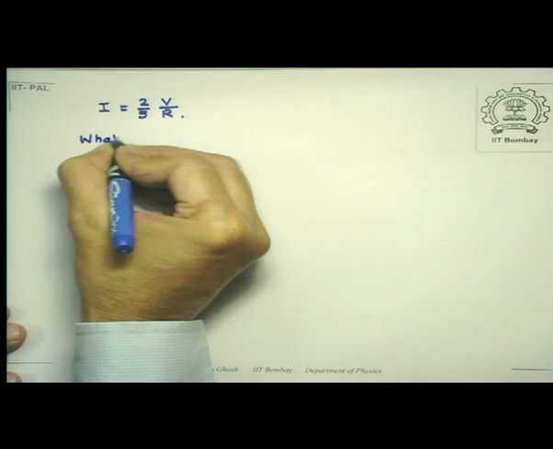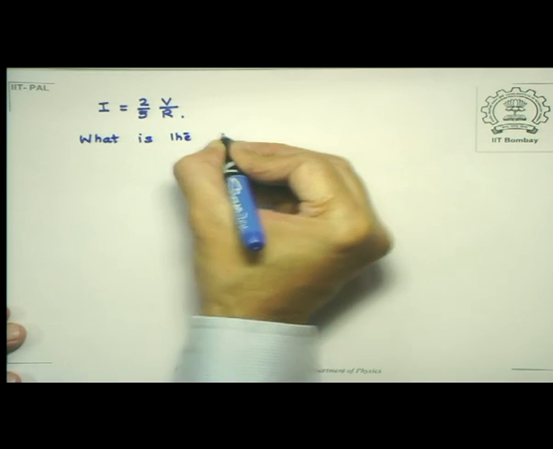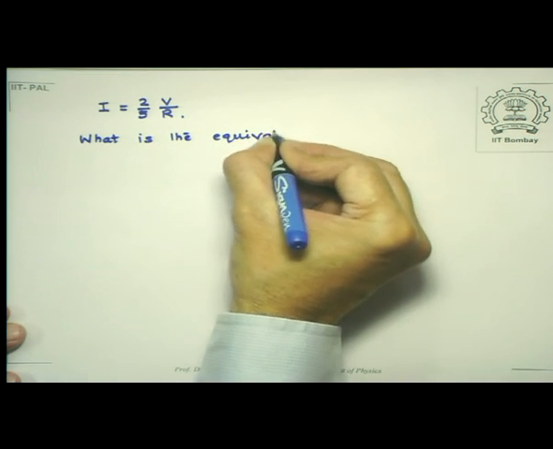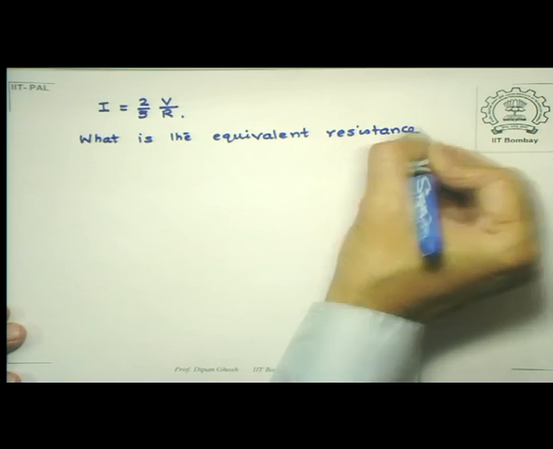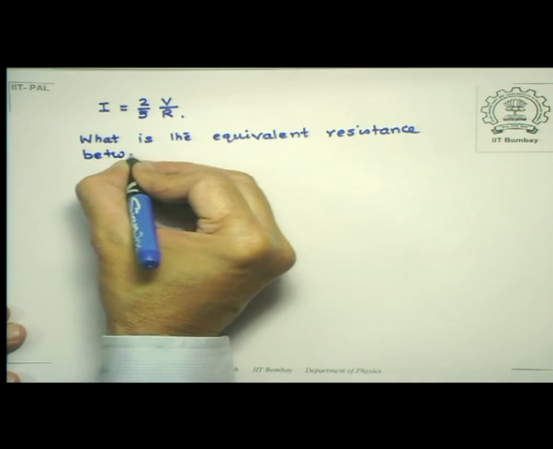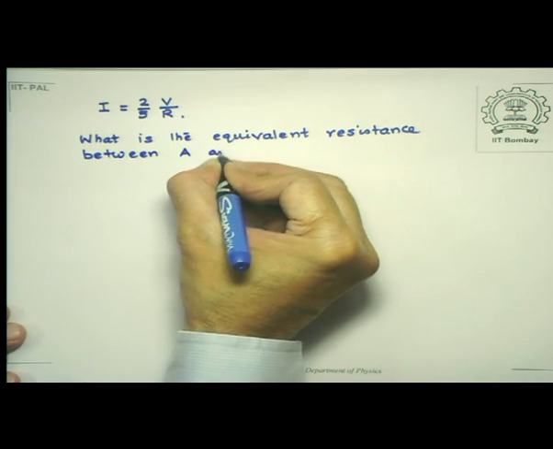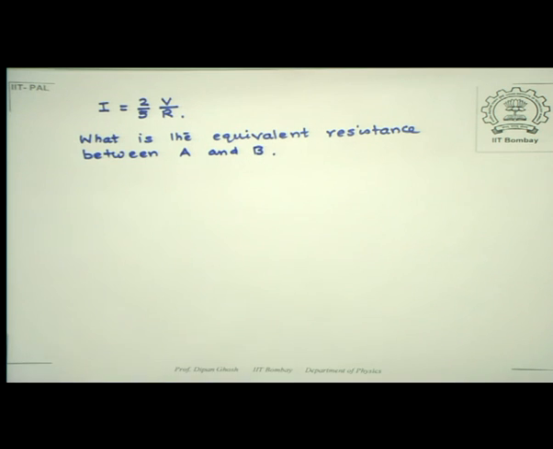Now, supposing my question was, what is the equivalent resistance between the points A and D? Now, this can be easily answered by observing that my battery is supplying 3I amount of current.